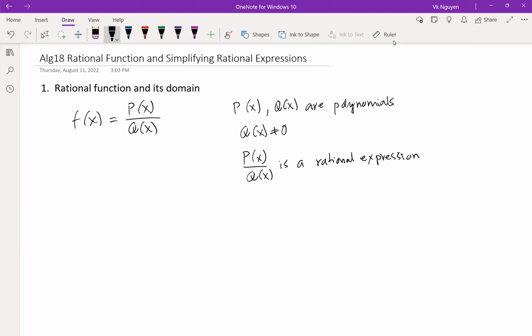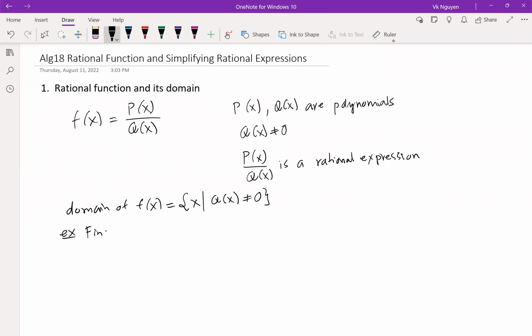The domain of f is the set of numbers x such that the denominator q(x) is non-zero. Let's take a look at an example.